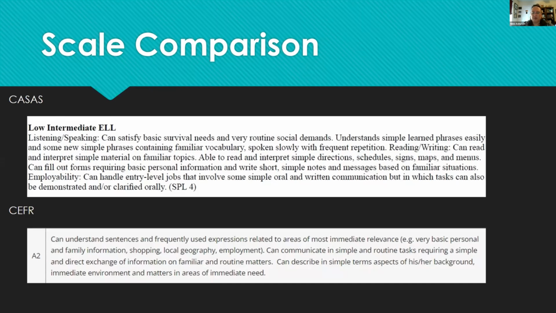So I invite you, if you'd like to post in the chat, what are some areas of overlap that you see between these two definitions of this proficiency level?